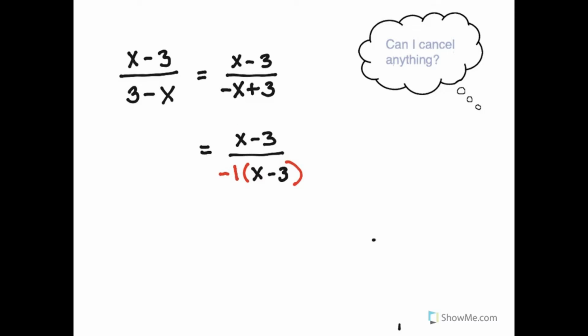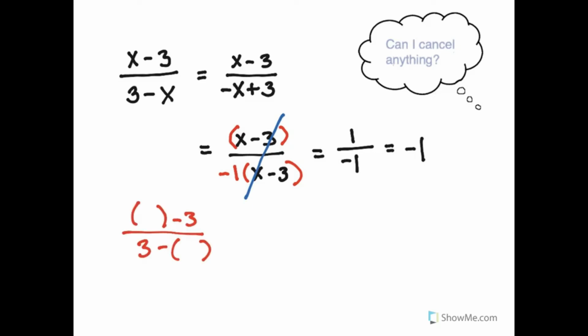So it surprisingly turns out that even though they didn't look the same when I started, I have a common factor of x minus 3. Now, whenever you cancel, you leave a 1 behind. You're really writing x minus 3 over x minus 3 as 1. So this is 1 divided by -1, and it's equal to -1.